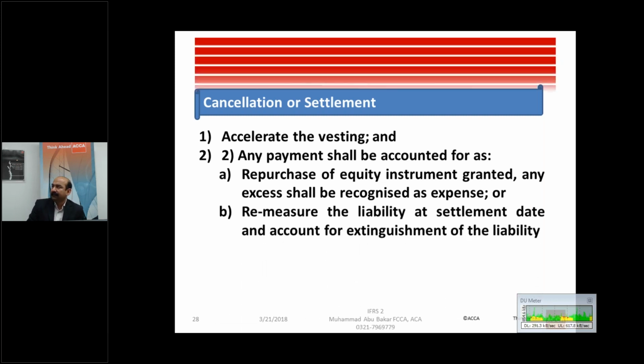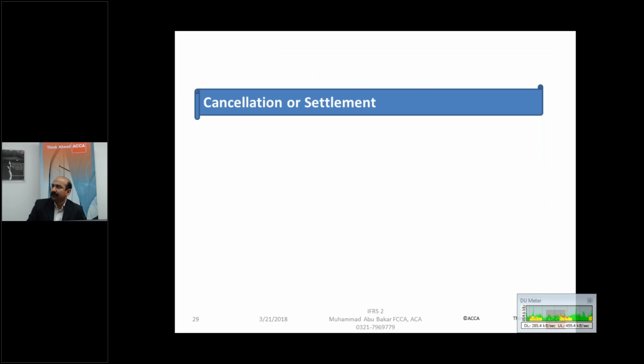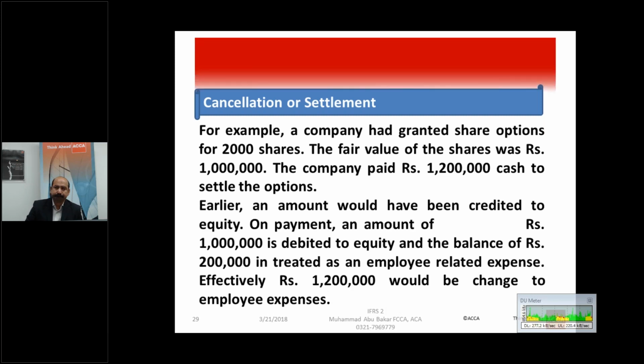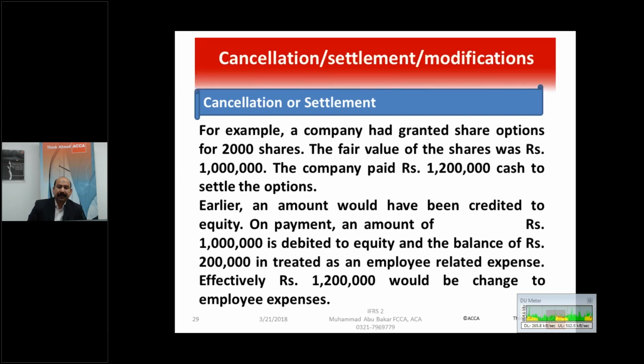We can discuss it with the help of a small example. Here is an example whereby you can see that a company had granted share options for 2,000 shares. The fair value of the shares was 1 million and the company paid 1.2 million cash to settle the options.